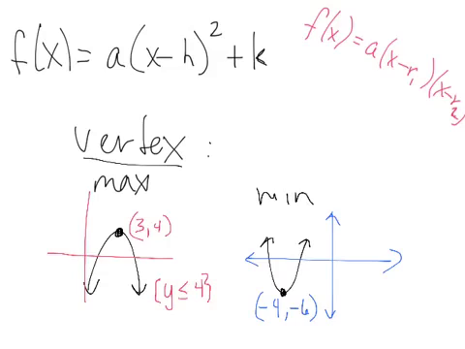Y is greater than or equal to -6. Perfect. Why did you say greater than this time? Because it opens upwards, so it's all greater than. That's exactly right. When it opens up, it's everything greater than the minimum value, which is -6. Over here, the maximum value was 4, and it was everything lower than 4.